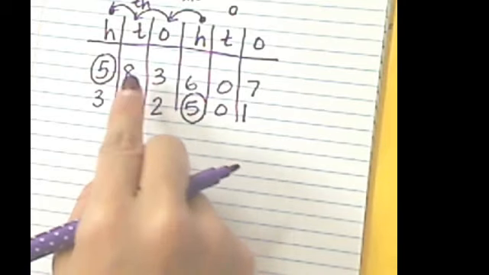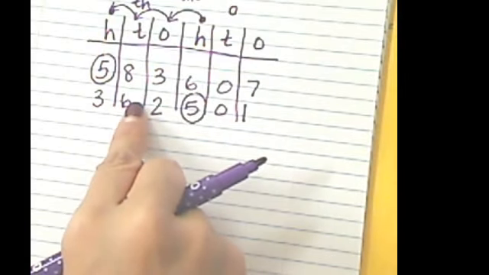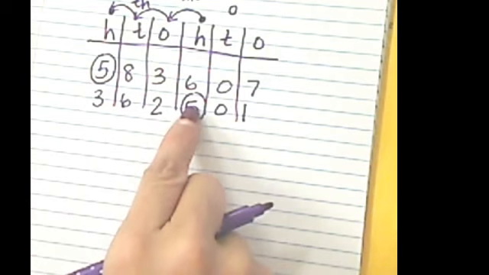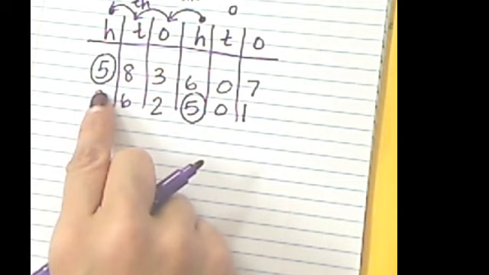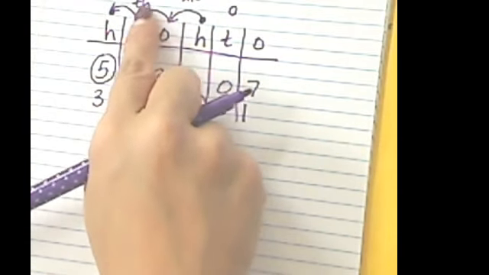If I wanted it to shift again, I would have to multiply times 10 again. And if I wanted to go all the way to the 100,000s, I would have to multiply times 10 again. So from the hundreds place to the 100,000s place, that's 1, 2, 3 shifts. So you multiply times 10 3 times.